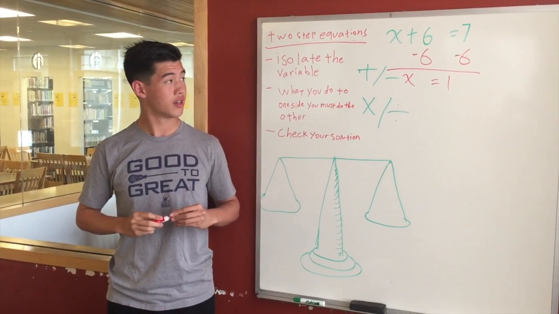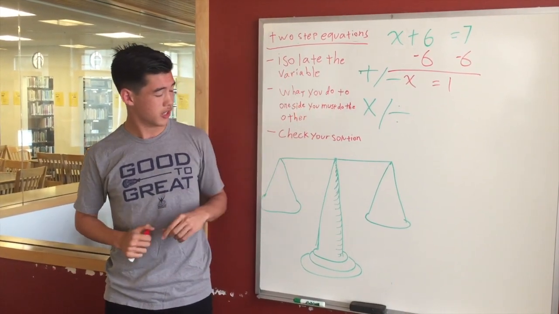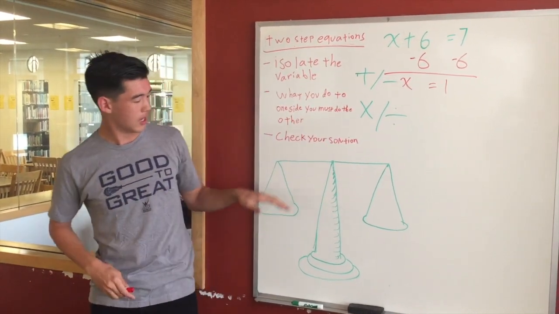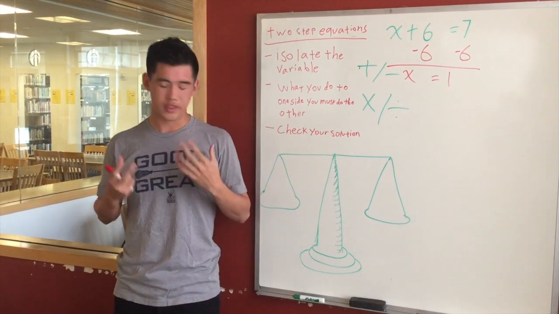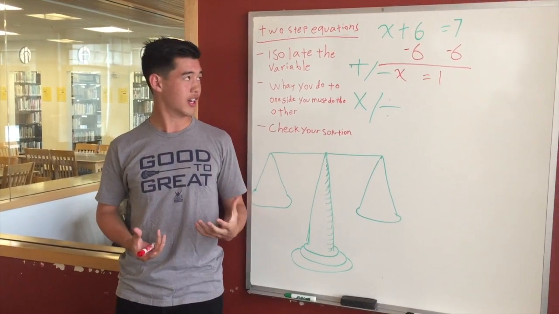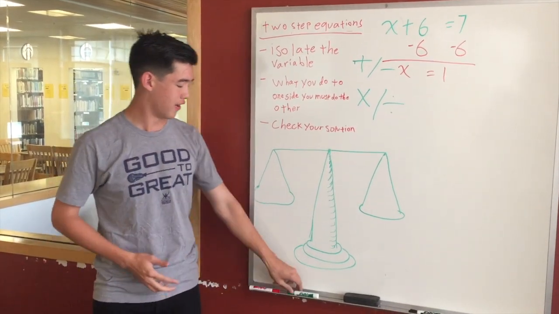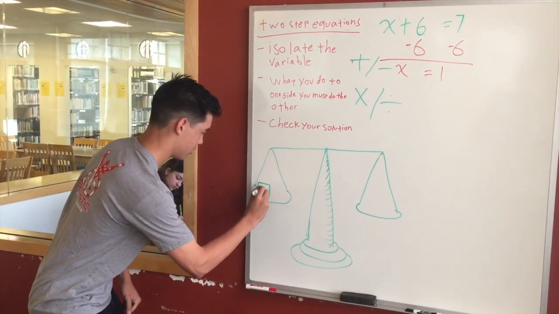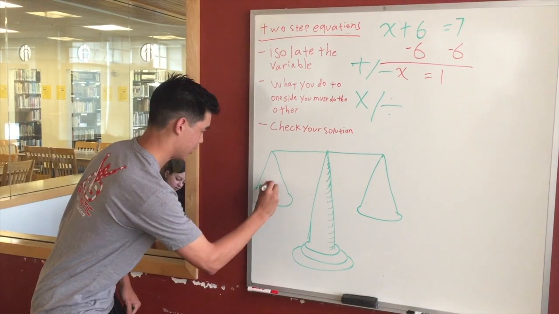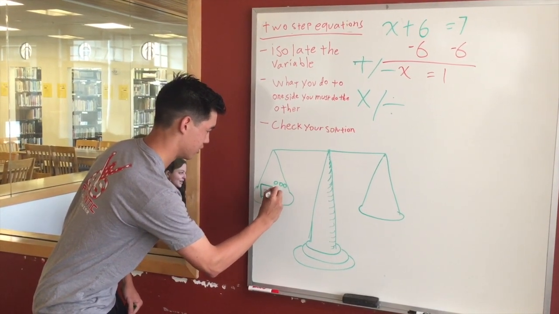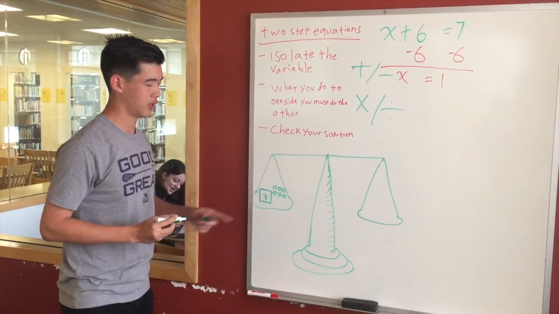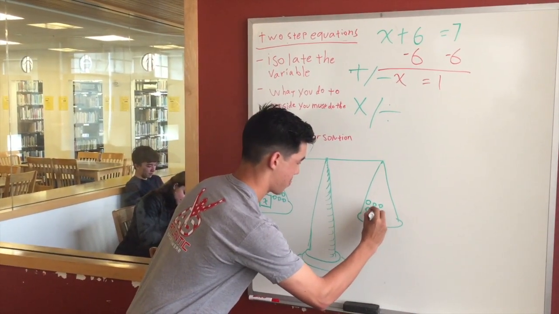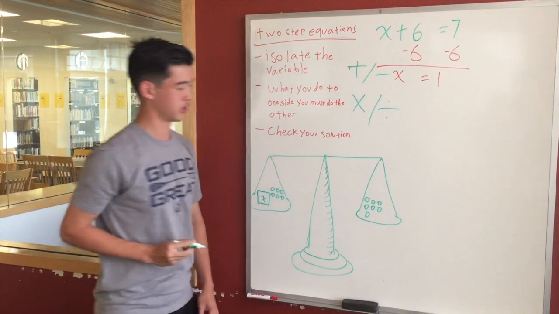Now another way to think of this equation is with a scale. You can think of the equal sign as two sides of a scale that weigh the same amount or have the same value. And so if I have x plus 6, I'll have x right there, and 6 little circles on this side, and on this side, I got 7 circles.